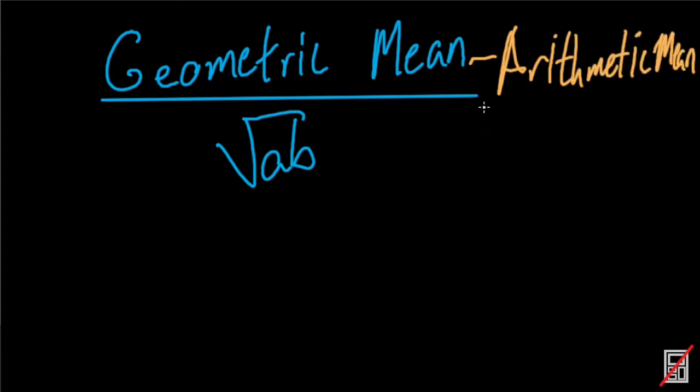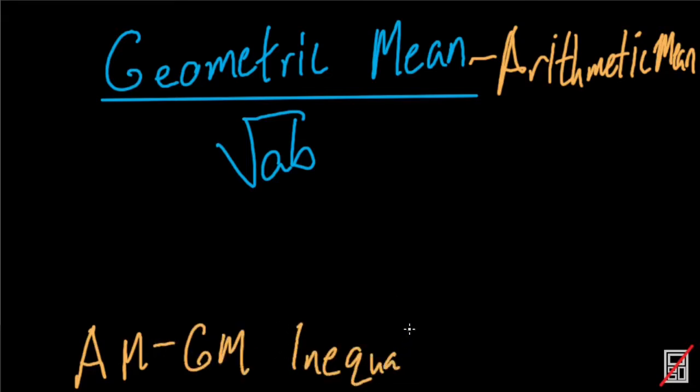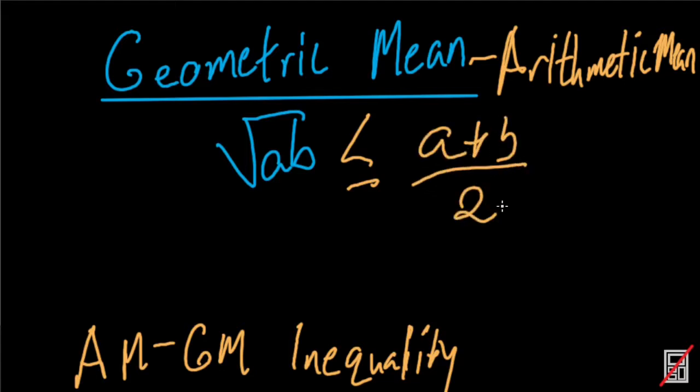Usually, actually, it's said backwards: the arithmetic mean, geometric mean, or AM-GM inequality. And that says that the geometric mean is less than or equal to the arithmetic mean, as long as your numbers are not negative.